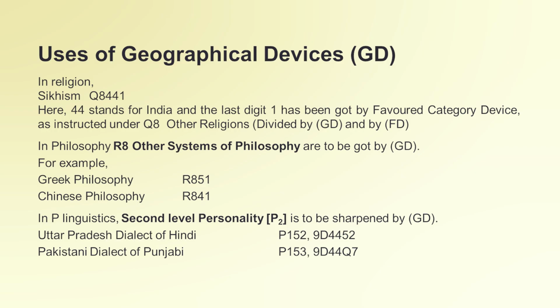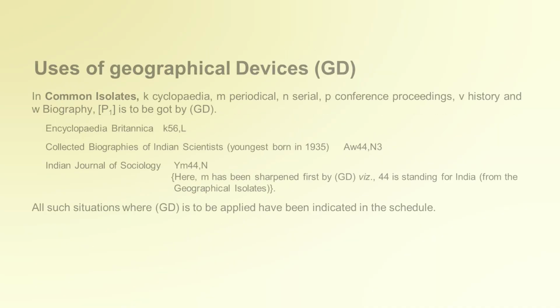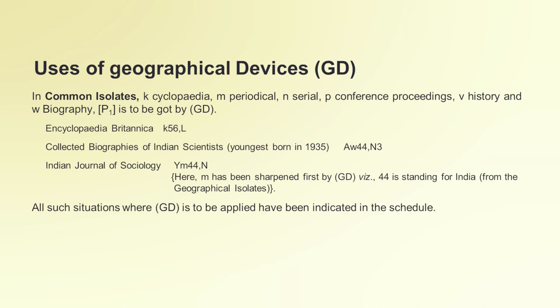For Uttar Pradesh, we use the geographical device, and the notation for geography Uttar Pradesh is 4452. Thus, we get the Uttar Pradesh dialect of Hindi is P152,9D4452.